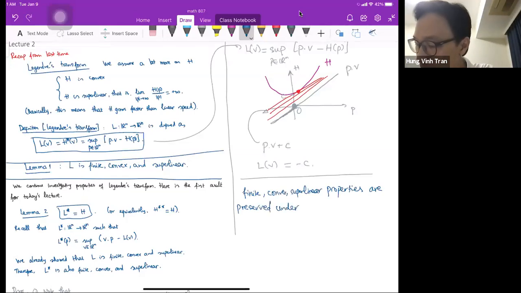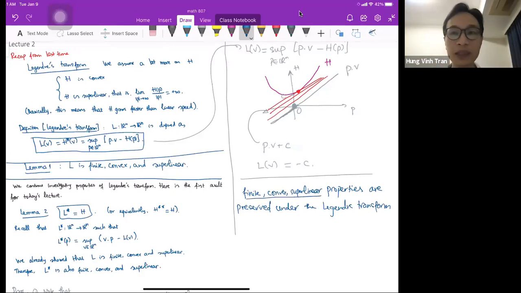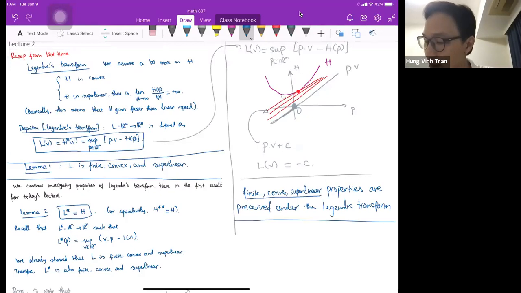You start with a function which is finite, convex, and superlinear, and then under the Legendre transform it is also finite, convex, and superlinear. Okay, so those were the things we discussed last time.